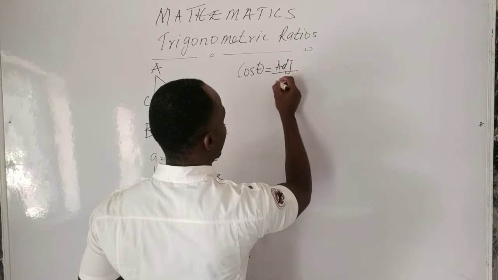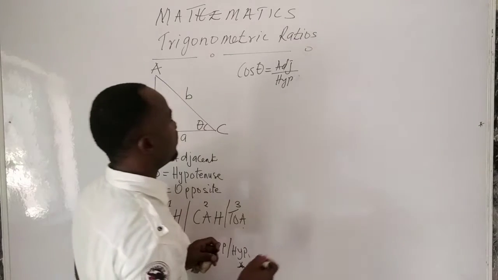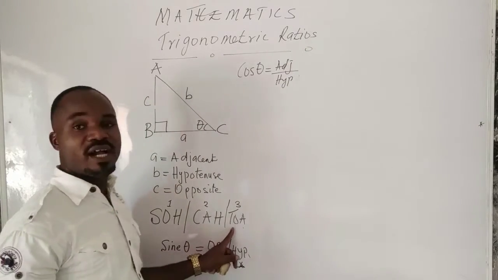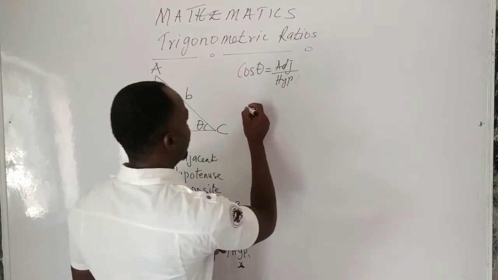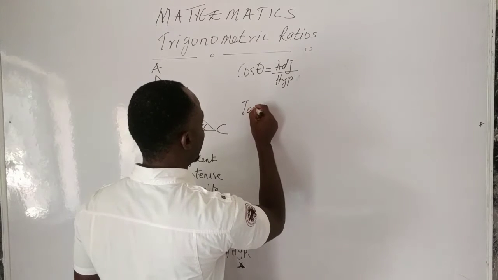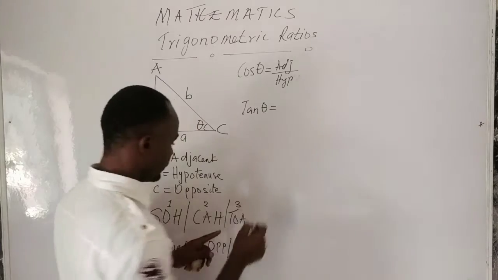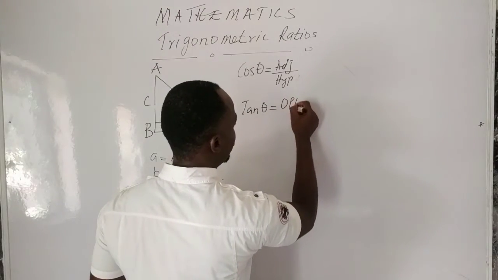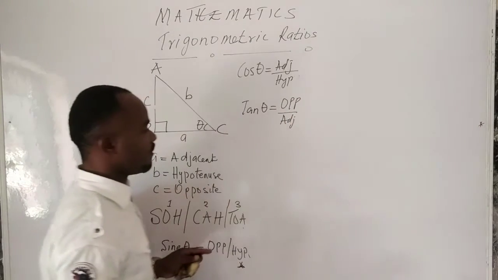Then the next one is TOA, so the T here means tan theta. Tan theta is equal to what? Opposite over adjacent.